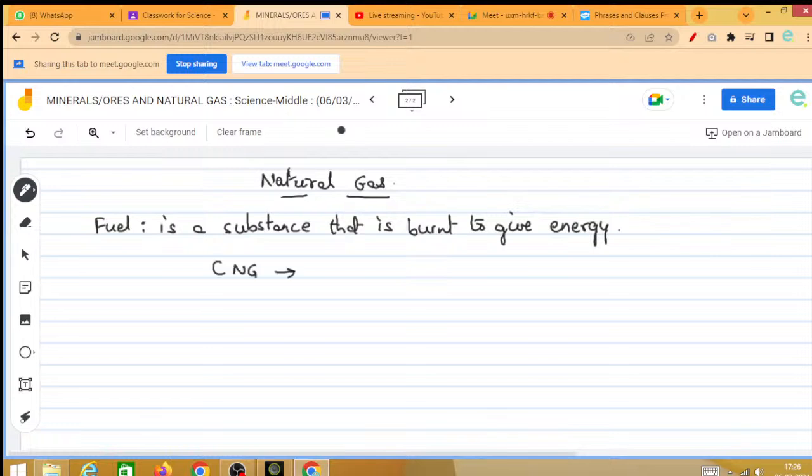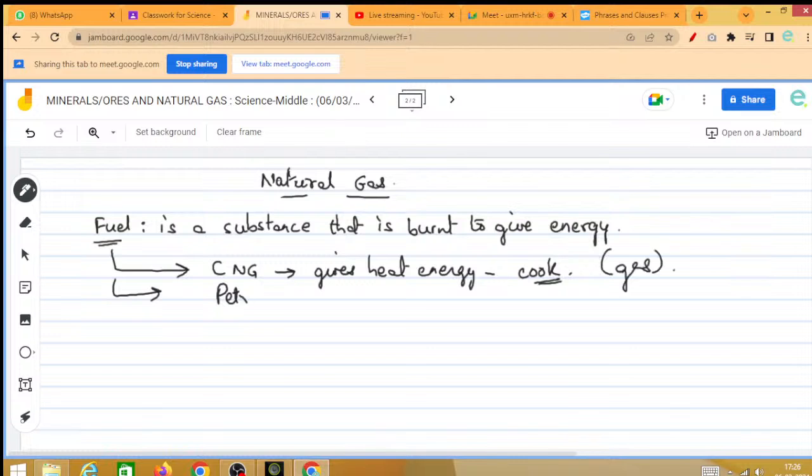So for example, a natural gas, like Yukti and Harshal had said, CNG, compressed natural gas. What does it give? It gives heat energy, right? That is why we can cook on it. Now we are talking about natural gas from the fuel perspective. So CNG is a fuel, and this is gas form. Now if we use petrol, it also gives mechanical or kinetic energy.